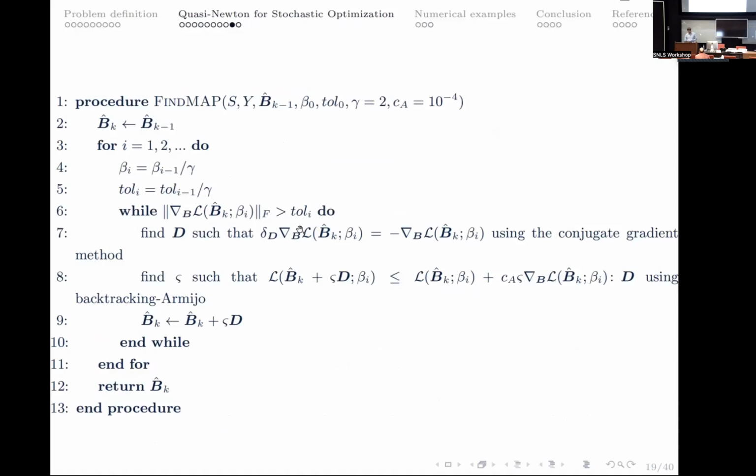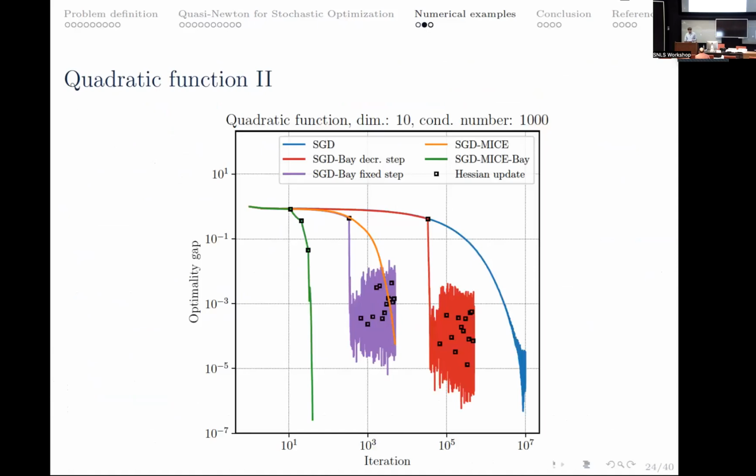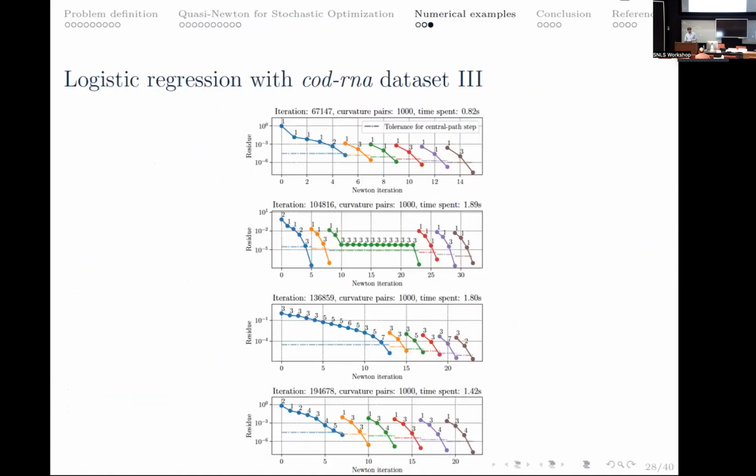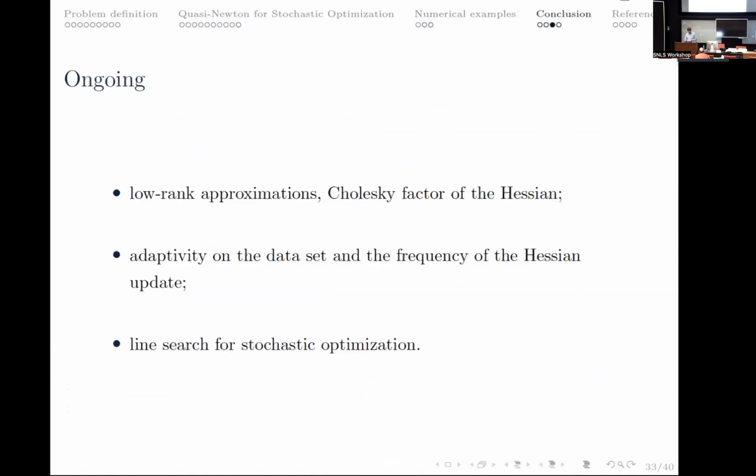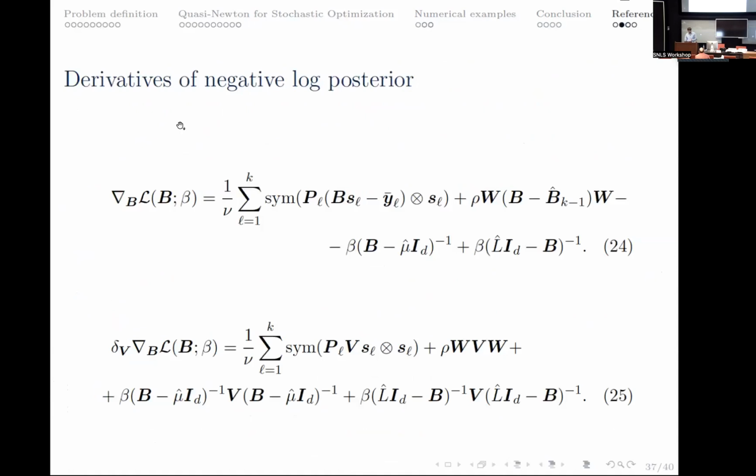So we can directly compute the action of this fourth-order tensor over this matrix, which is the derivative of the negative log likelihood with respect to B. We can derive this, and I even added it here because I thought maybe someone would ask. So this is what we compute.